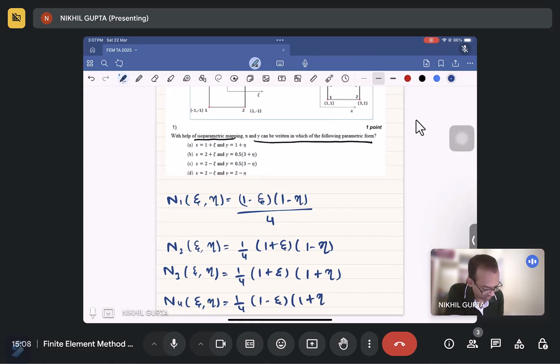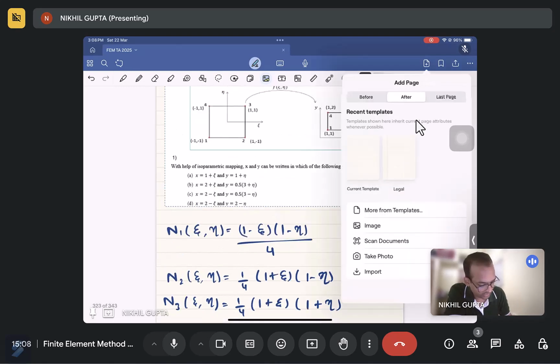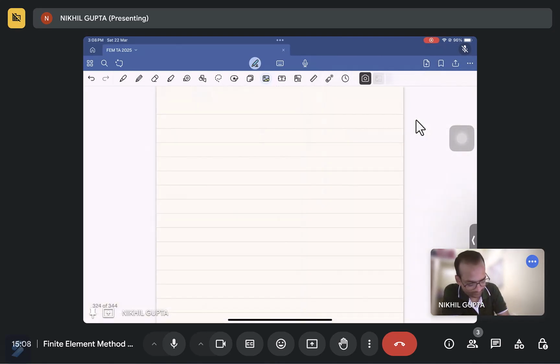So these are the shape functions. Now we'll start solving the problem. The coordinates are given here, and I'll write the coordinates as well.